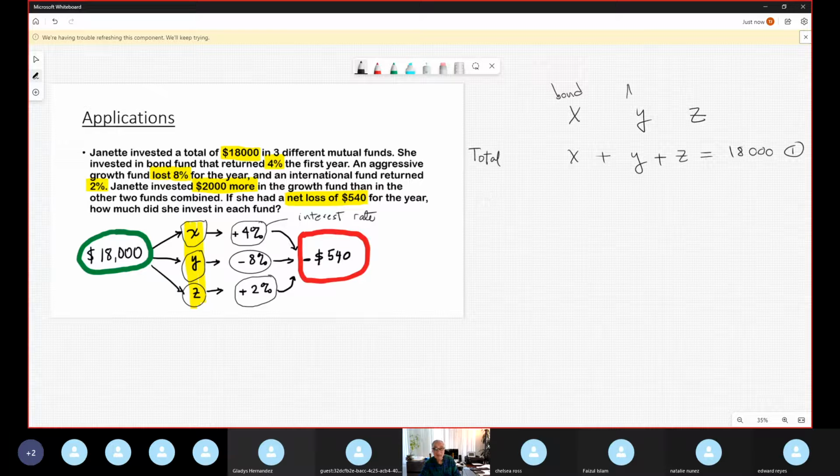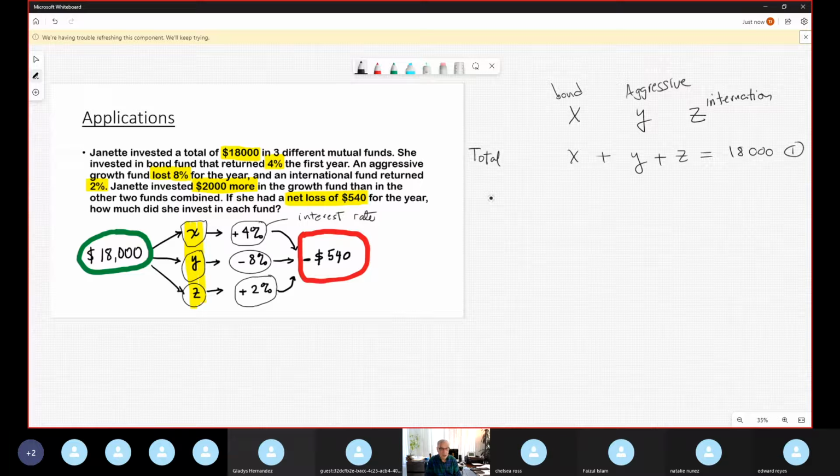Aggressive. How many repeated consonants? GG and SS. Aggressive. And Z is the international. It's the name of the column, and the variable that represents each column is X, Y, and Z.